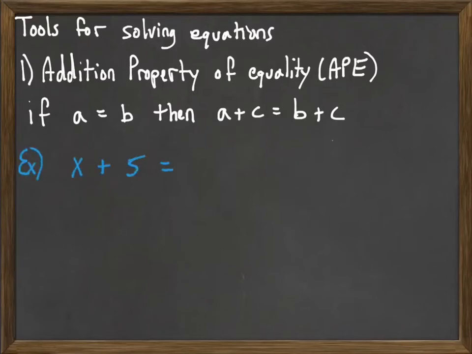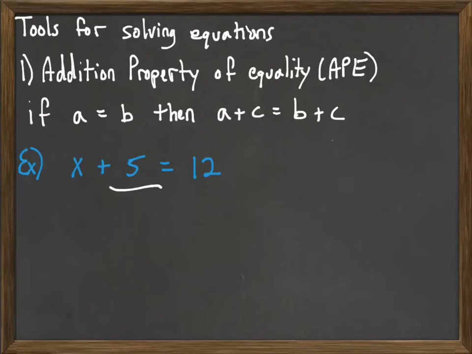So to see how this works, let's consider an equation. X plus 5 equals 12. Now pretty much all of us, I'm sure, can look at this and realize that the answer has to be 7. But we want to develop tools that we can use so that we can apply that to more complicated problems. And here's where the addition property comes into play.